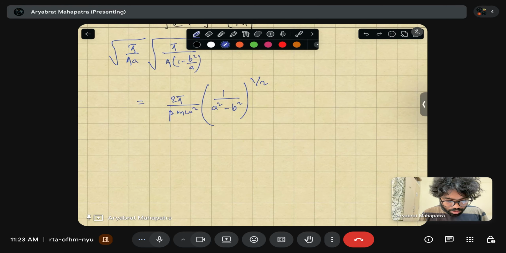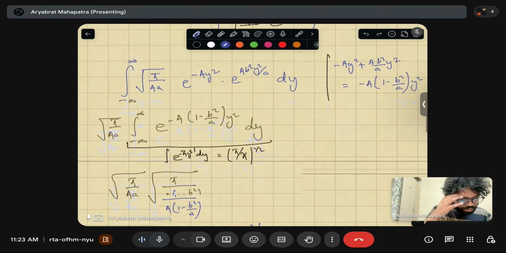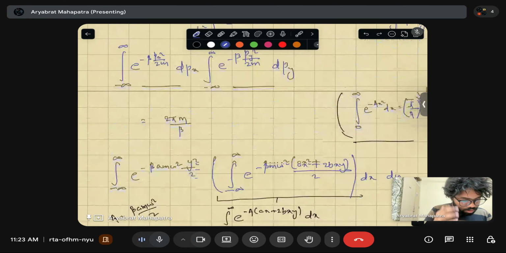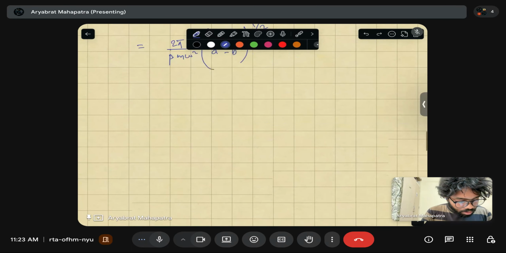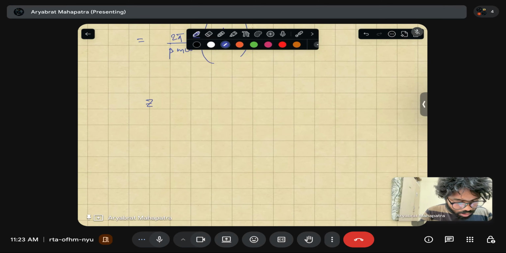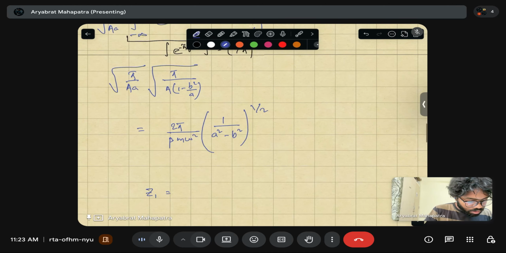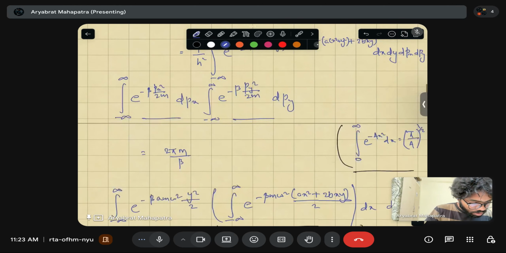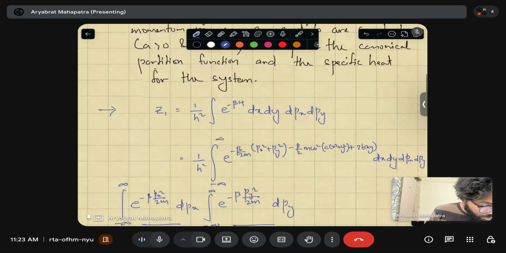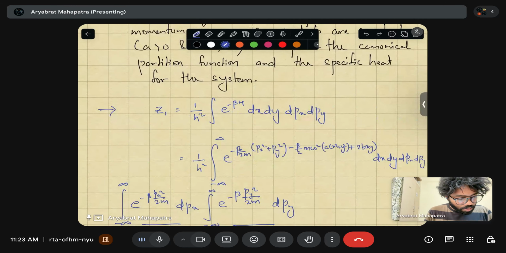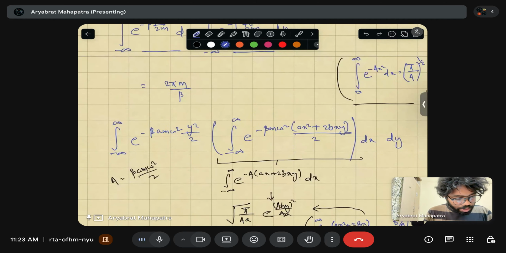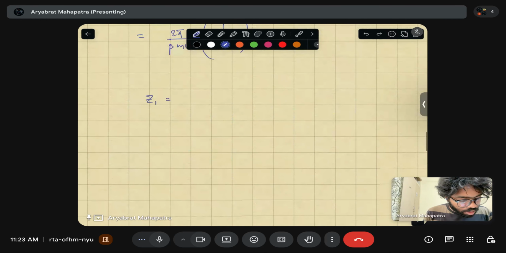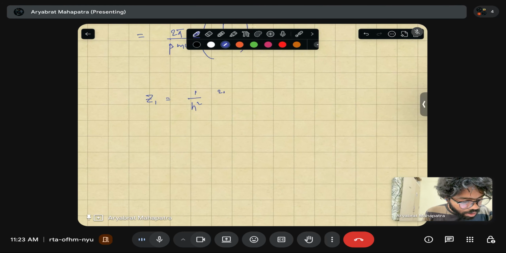Then yeah, that means the partition function which we started out, this will be simply 1 over h square 2 pi m over beta, 1 over h square 2 pi m over beta.